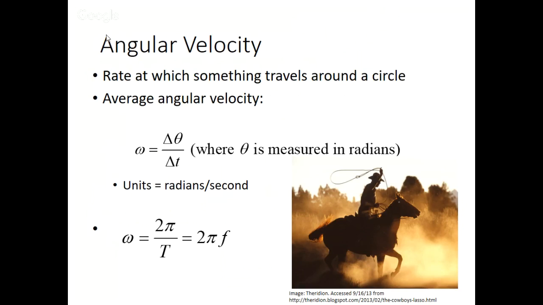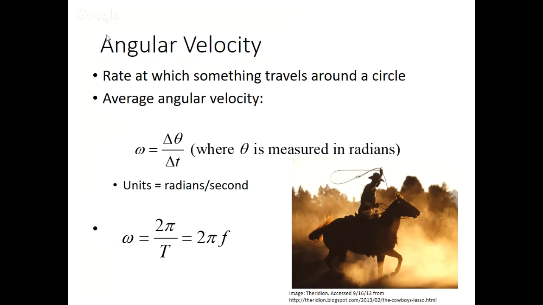We talked about angular velocity. This is different than your standard velocity in meters per second. Your angular velocity is the rate at which you travel around a circle. Specifically, it's how many radians of angle that you've traveled from your starting point in any given chunk of time.